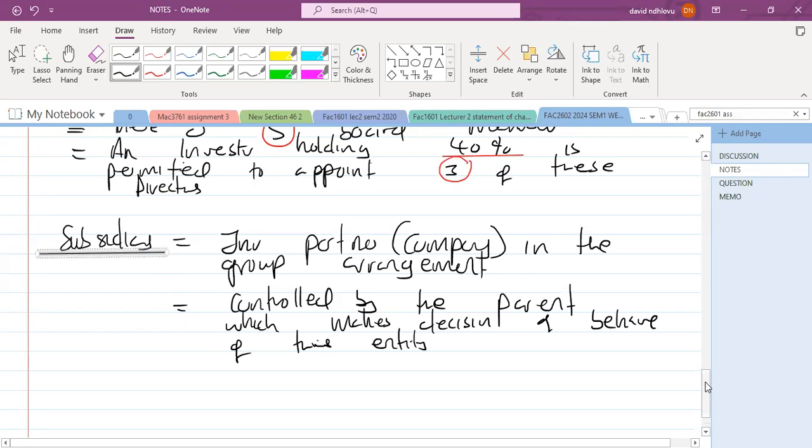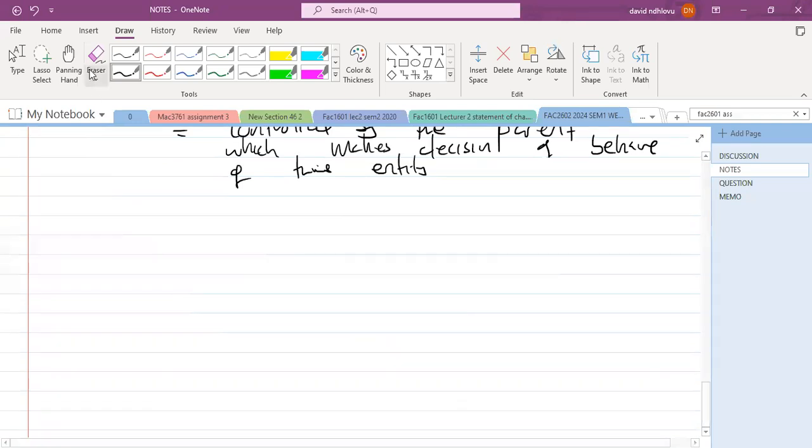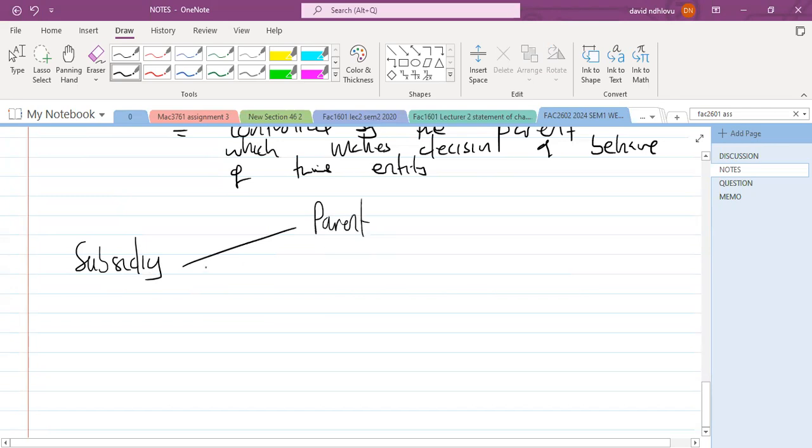Right, it is important to note that when we have a subsidiary, we'll then have the parent, and then we'll have what we call non-controlling interest.